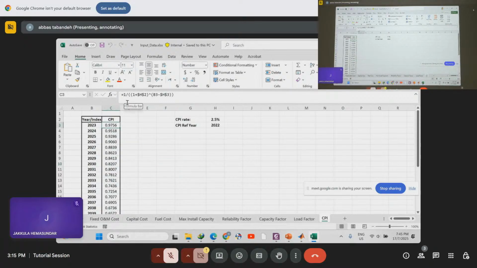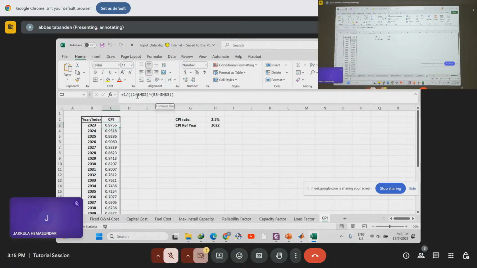And the formula is 1 divided by 1 plus the discount rate to the power of the lifetime of the project. For each year it will be changed.